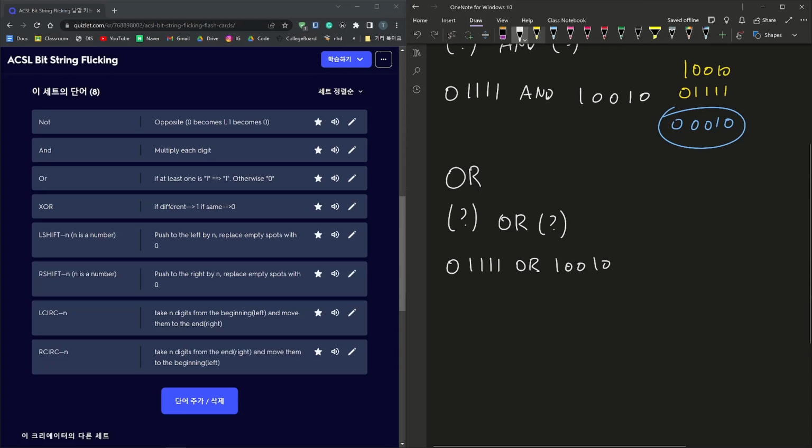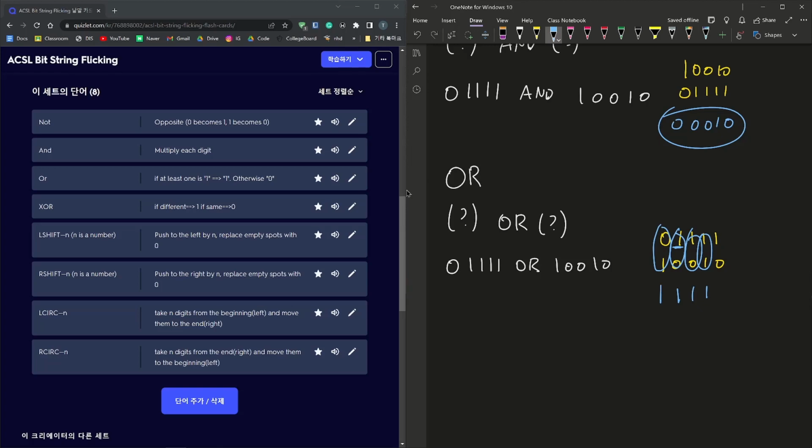So let's do the same thing, 0 1 1 1 1 and 1 0 0 1 0. First digit: is at least one of these two 1? Yes, so the output is 1. Same thing here, at least one is 1, so the output's 1. Same thing here, same thing here.